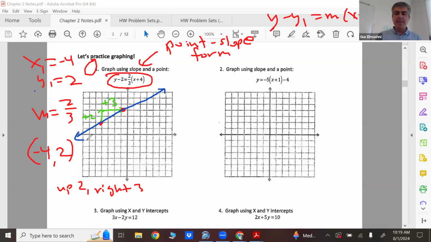That's all you do. Now for 2, it's not necessarily in point slope form, but what I could do is rearrange it like this. Negative 5x minus 5 minus 4. Right, distribute it, and I get negative 5x minus 9. So now this is in slope intercept form.